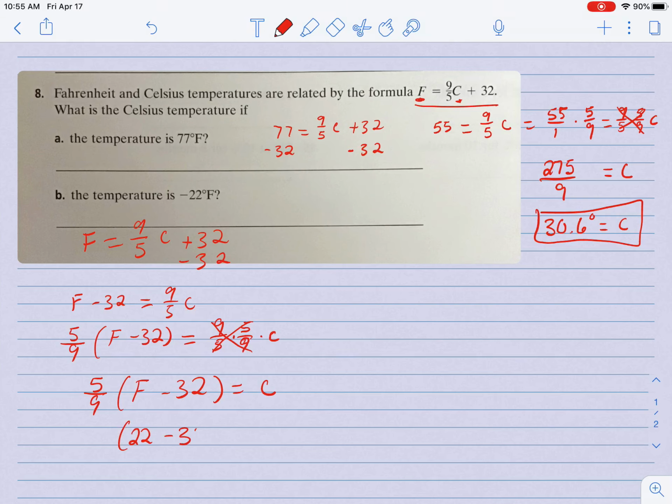So negative 22 minus 32, and sorry, that's a negative 22. Negative 22 minus 32 is going to give us negative 55. And sorry, that's negative 54, not 55.